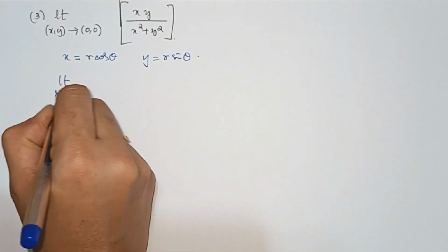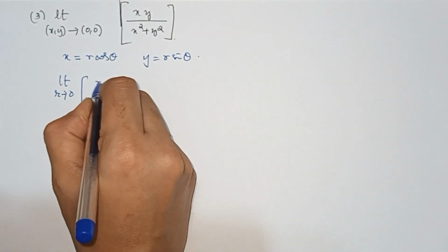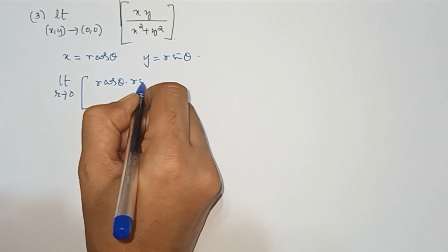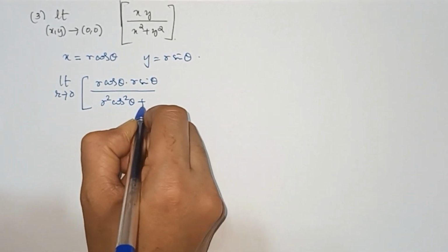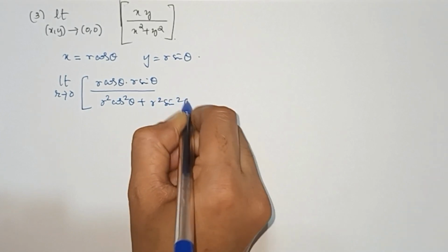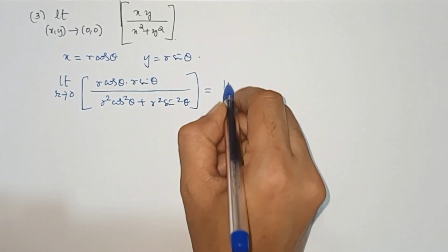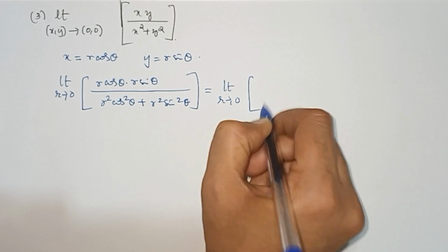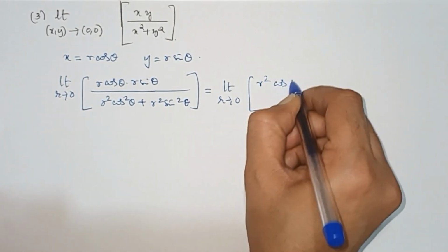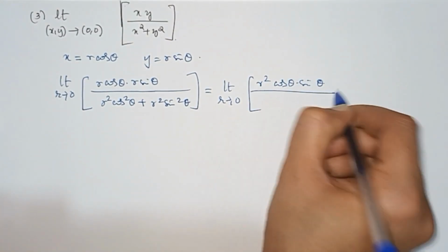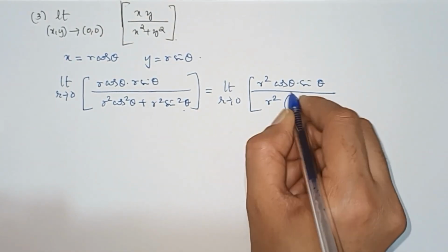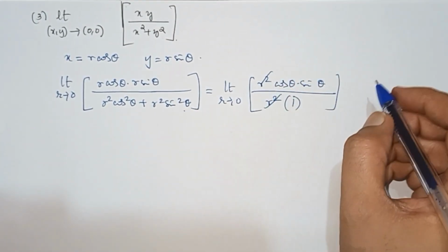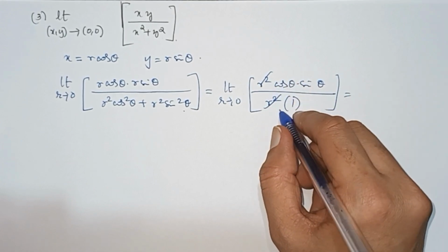Limit as r tends to 0, r cos theta into r sin theta divided by r square cos square theta plus r square sin square theta. So this gives you limit as r tends to 0, r square cos theta into sin theta divided by r square, cos square theta plus sin square theta is 1. This r square cancels as there is no r remaining here.